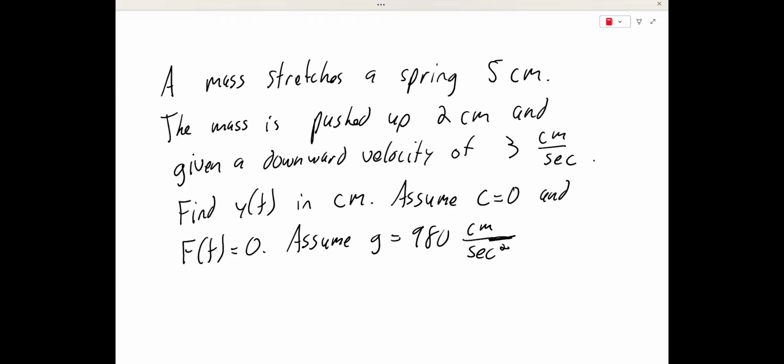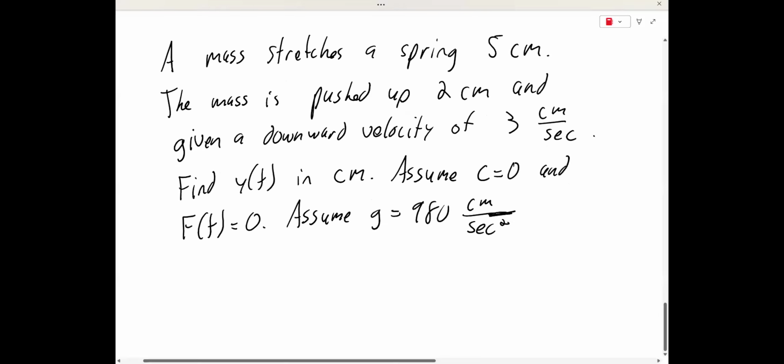Okay, so let's try this one here. So same situation, except this time we push the mass up from equilibrium and then give it a yank, give it a little downward velocity to start. Then see what happens to it after that. Again, same equation here, right? We got m y double prime plus c times 0, so I can just drop that off, and then plus ky equals 0. So let's start with that.